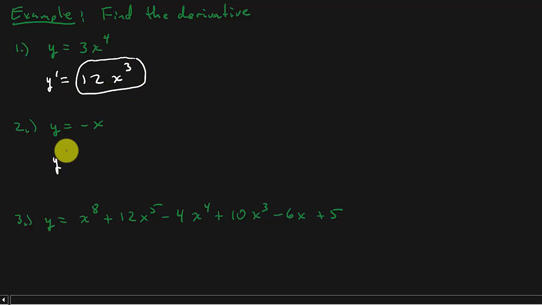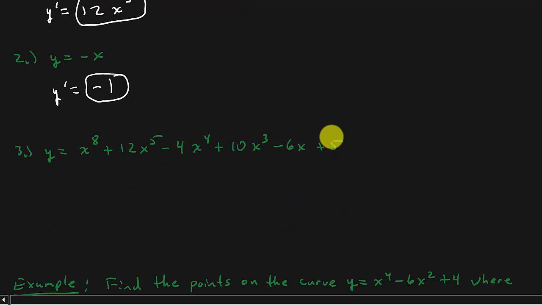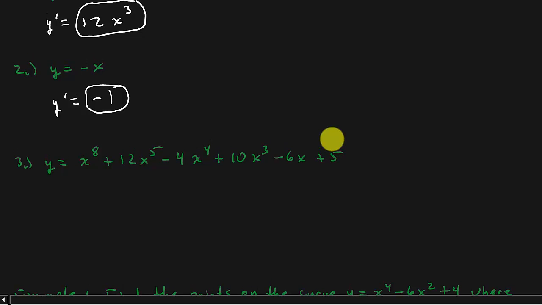What about this one? y prime is negative 1. If you don't see where that came from, just hold off for a minute. Let's work through this one, and then I'm going to go into a little more detail about finding the derivative where it's just an x.